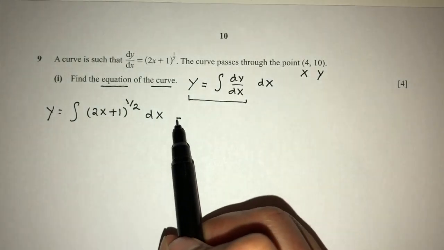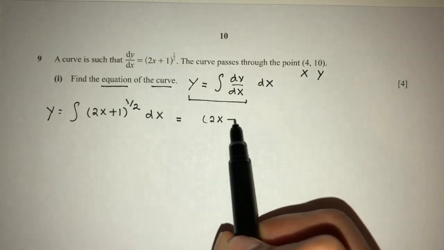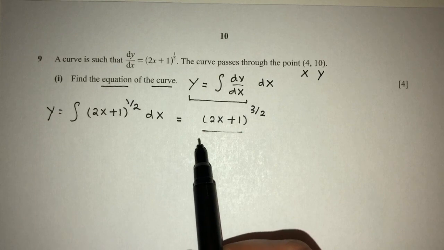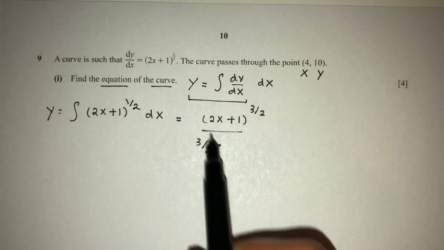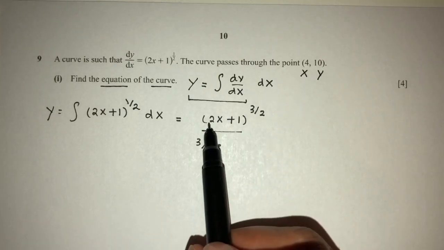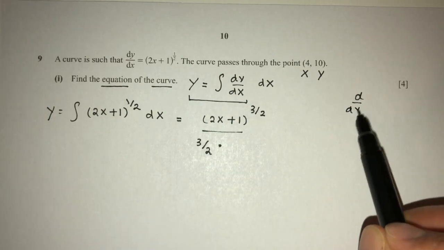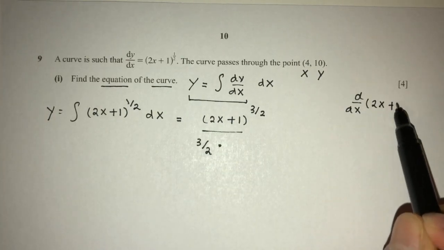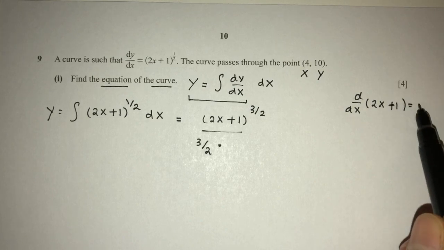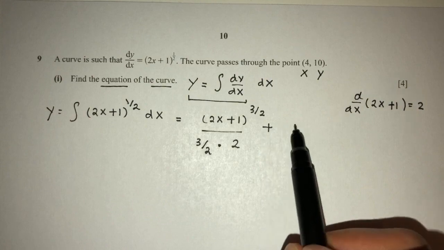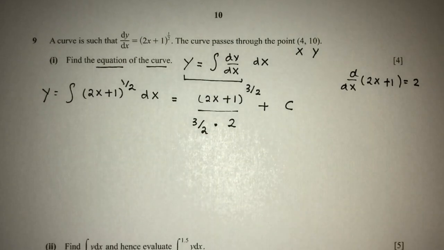First thing, we have to increase the power by 1, that will be 3 over 2, and then divide by the power, and then divide by the differentiation of the inside of the bracket. So what is d by dx of the inside of the bracket? That will be 2, so divide by 2. Of course, we have to write plus c as the constant of integration.